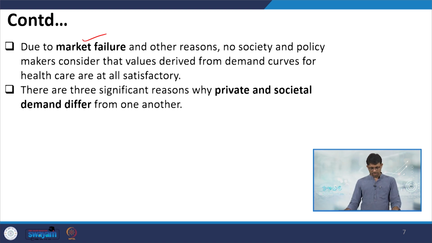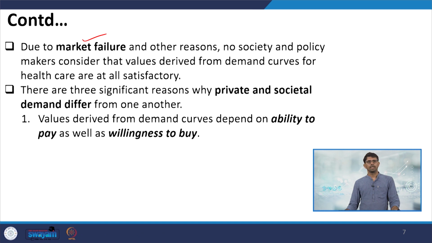Okay. And there are three significant reasons why private and societal demand differ from one another. The way we emphasize or project the value, society may not actually be projecting. So, individual demand and societal demand for any service might be different.